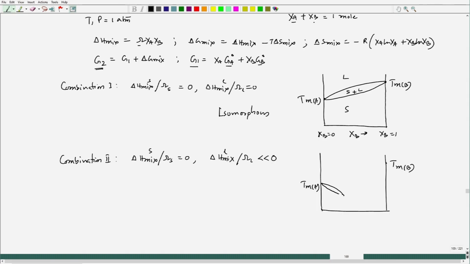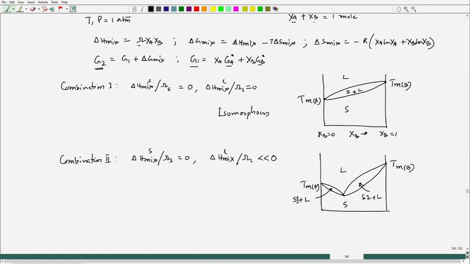So, we form two eyes, this is one eye, this is another eye, and below this, this is solid, this is liquid, and here we have solid plus liquid. In order to differentiate these two solids we have taken S1 and S2, and here we have S2 plus liquid.